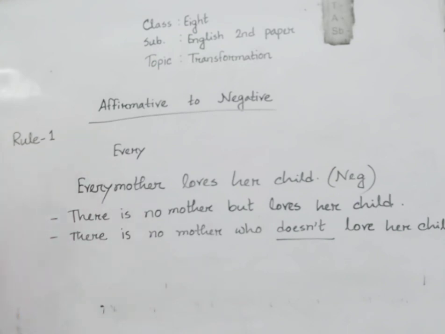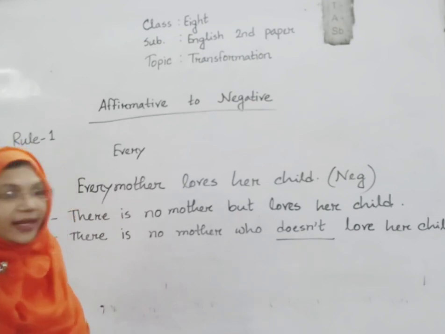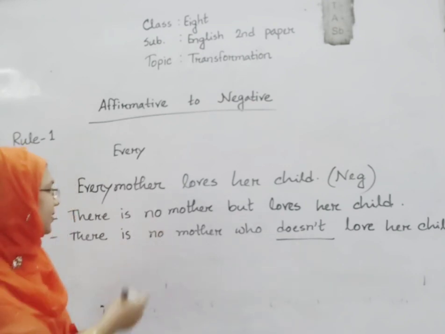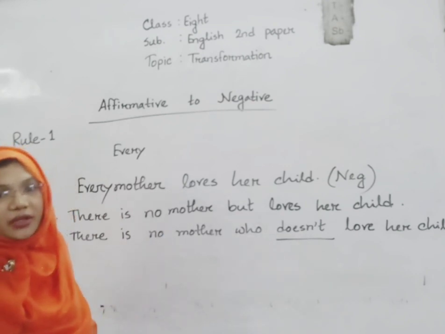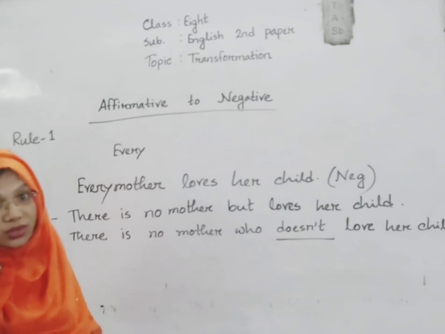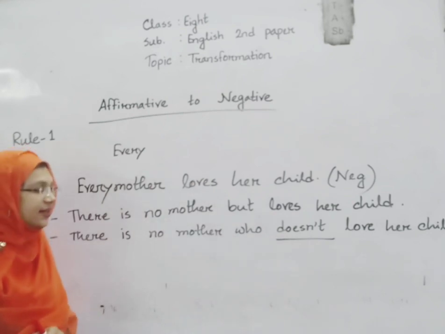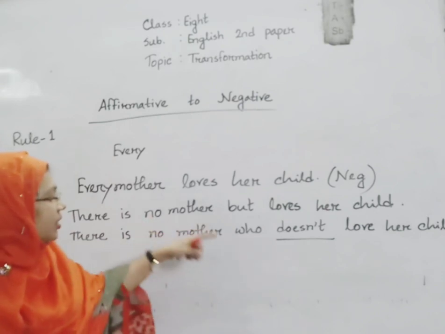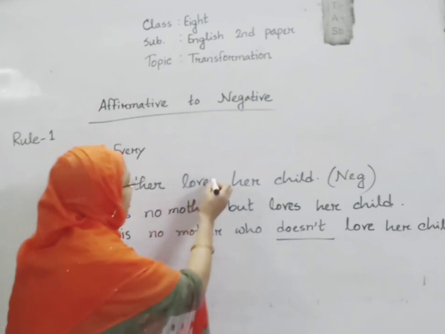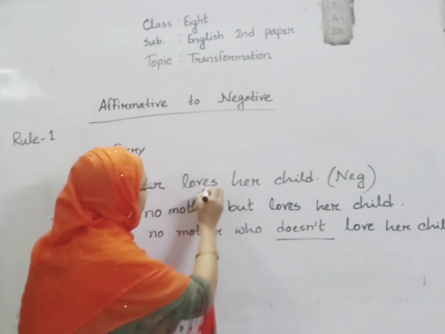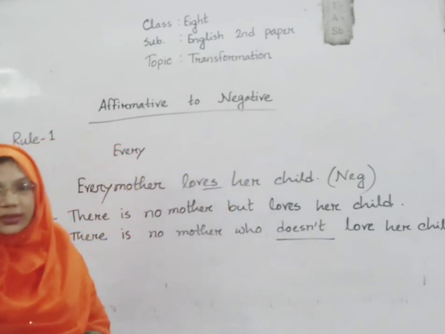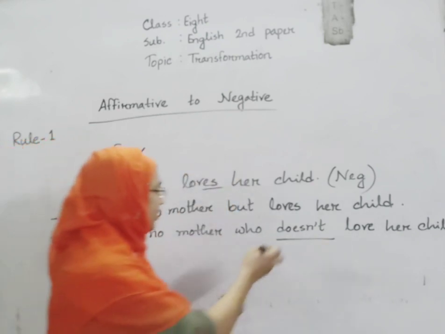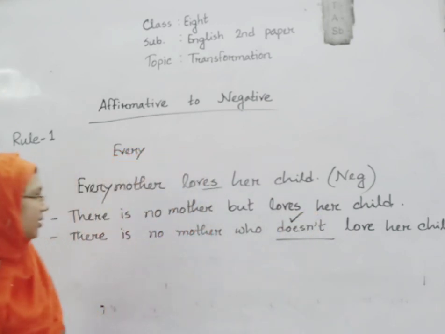So there can arise a question in your mind, why I have taken doesn't, because there are 3 options: don't, doesn't and didn't. And the solve is, if there is s or es with the verb, we have to take doesn't.